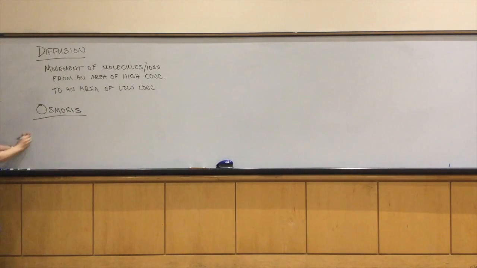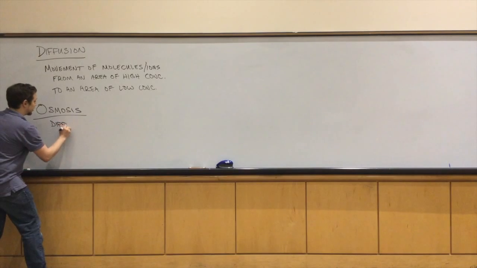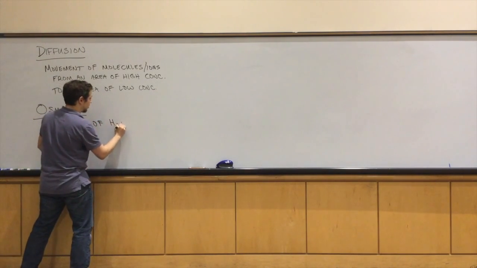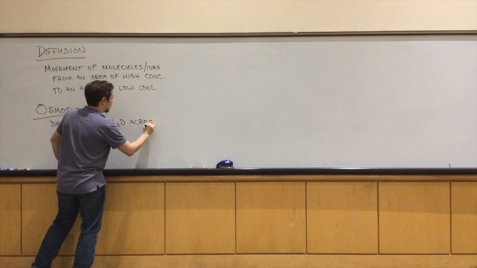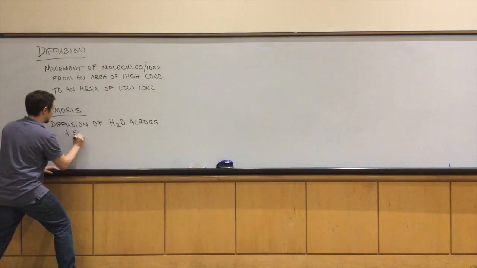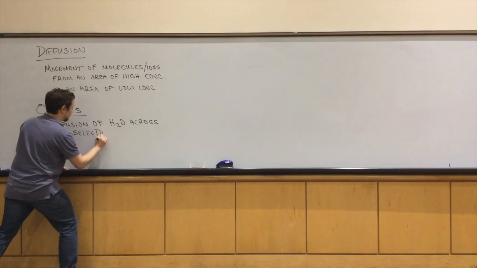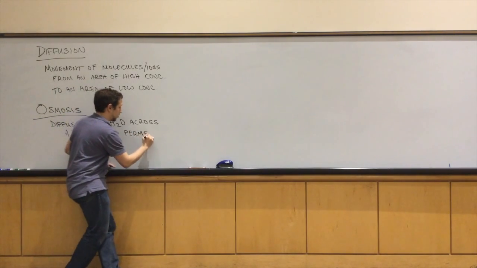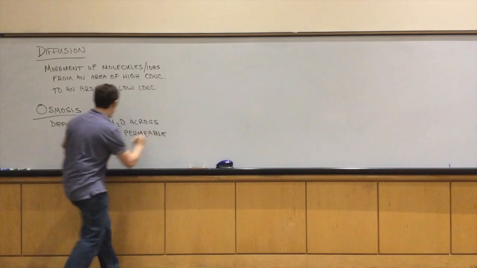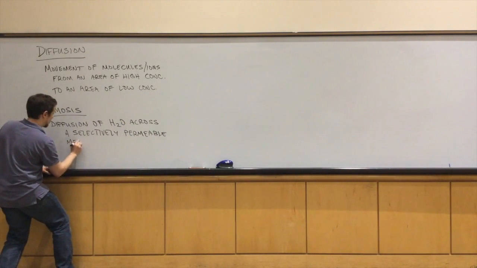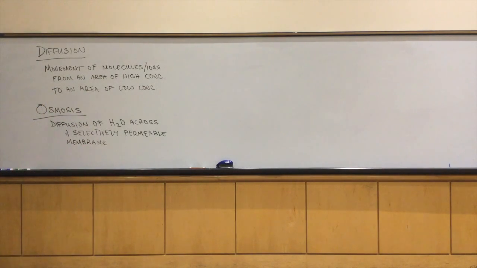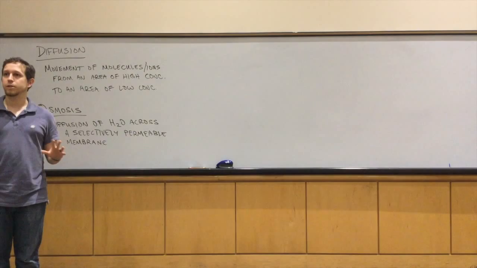Remember that osmosis is simply the diffusion of water across a selectively permeable membrane. Right? So, any general questions right now regarding diffusion or osmosis? The discrepancy between the two?